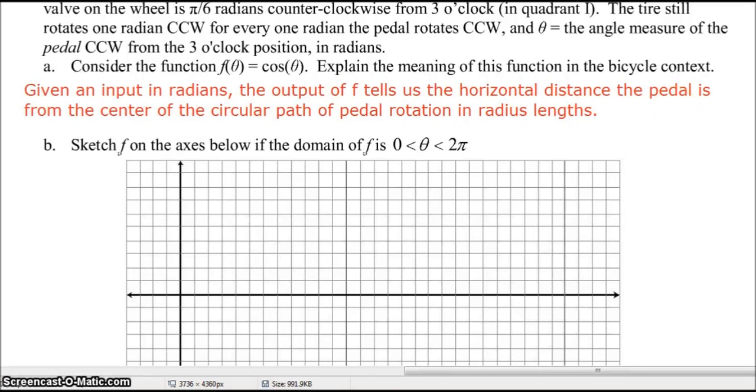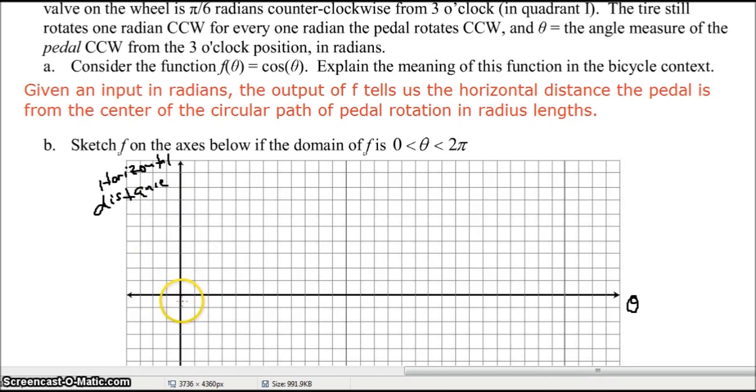So if we want to sketch this using a domain from 0 to pi over 2, let's see, so here's my theta. This vertical axis is going to be horizontal distance. And I want a pretty big graph.